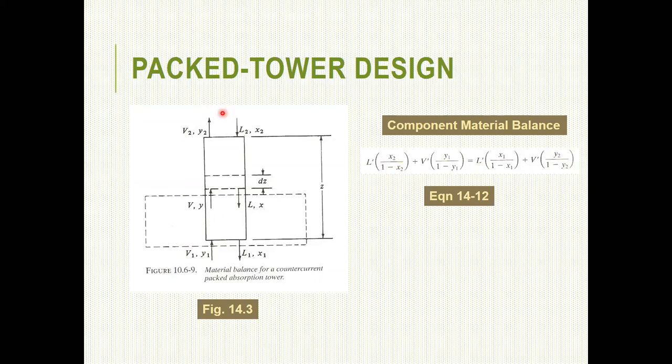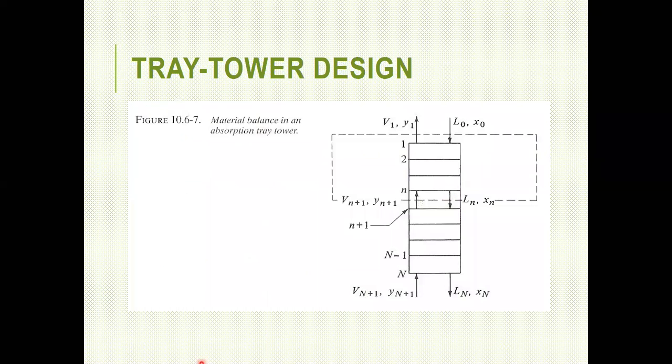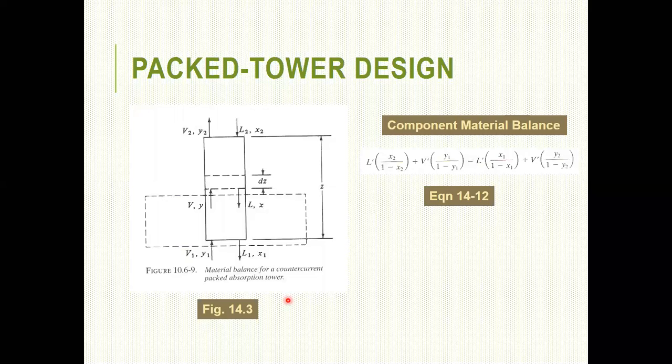Both of these figures, based on the numbering that you could see, are all taken from Geankoplis's. Geankoplis uses 2 orientations. One orientation is using the L0, N+1, and N. The other one is just using 1 and 2.